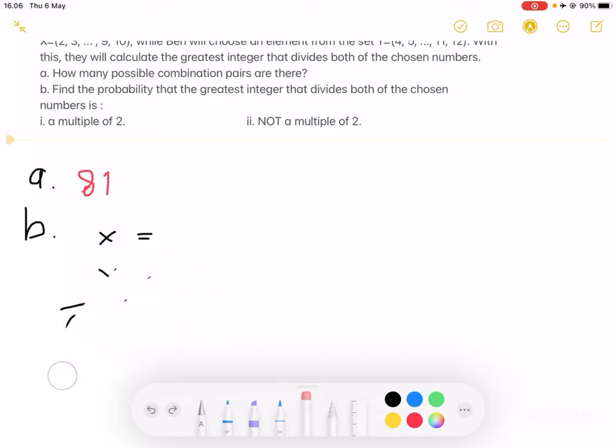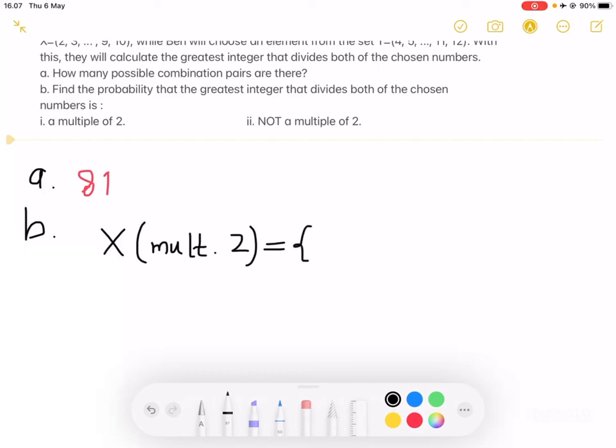So how do we do this? Notice that the list of all elements in X which are a multiple of 2, let me just write that, will be 2, 4, 6, 8, and 10.